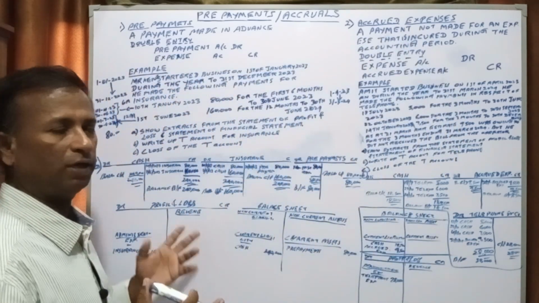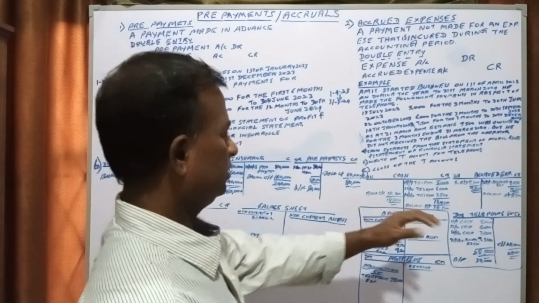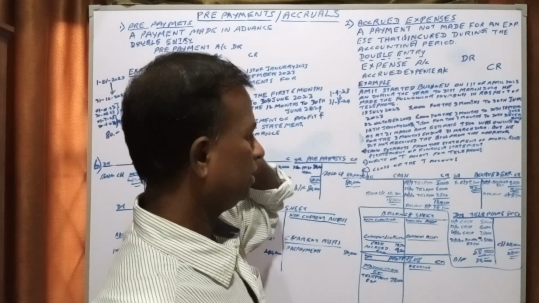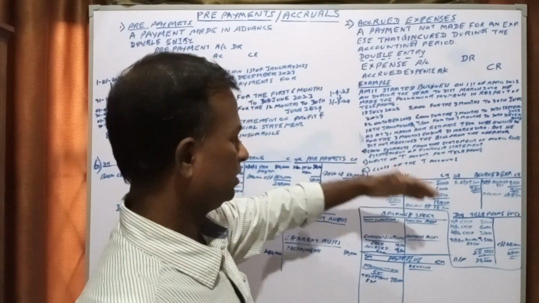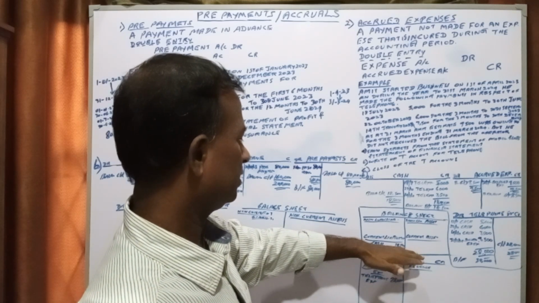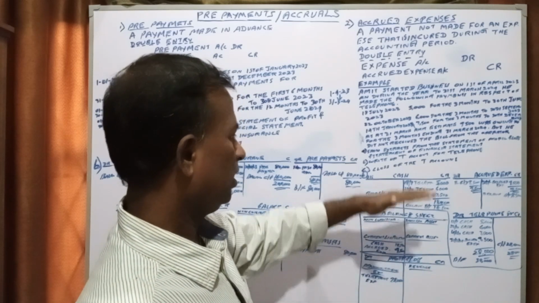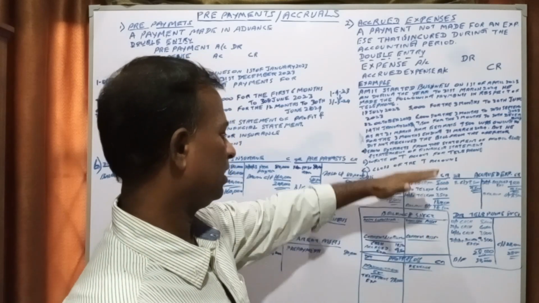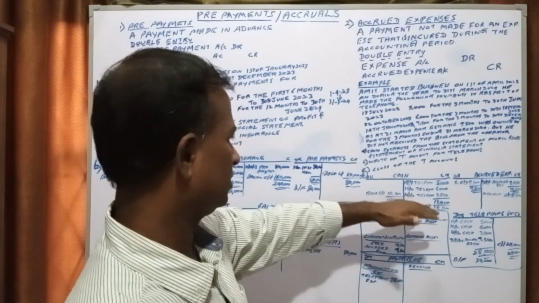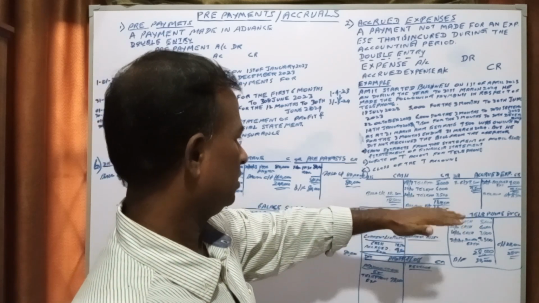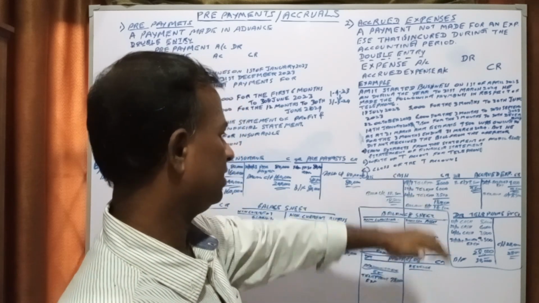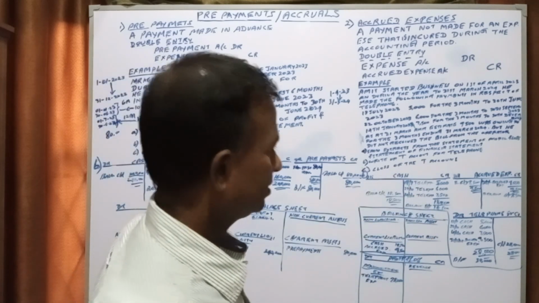I think you would have understood because here it is the cash account. The cash account had a credit balance. Because it had a credit balance, we are showing it under current liabilities. Normally the cash account is shown under current assets, right? So here we are showing the cash account under the current liabilities because cash had a credit balance.